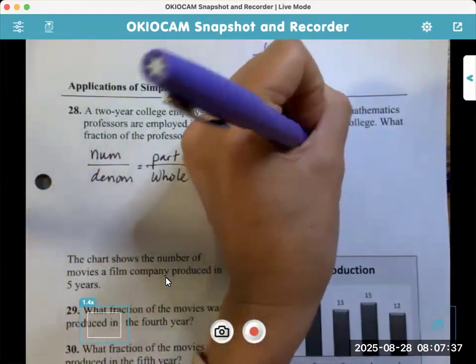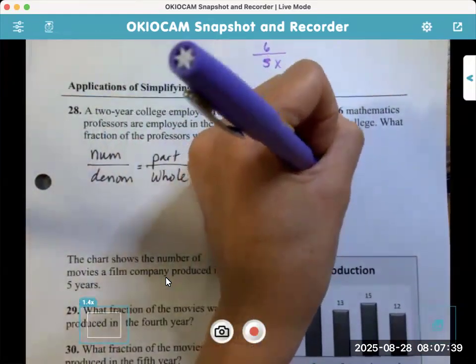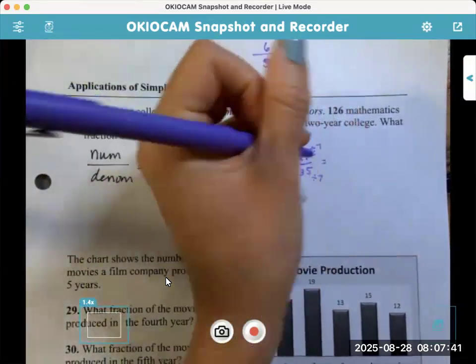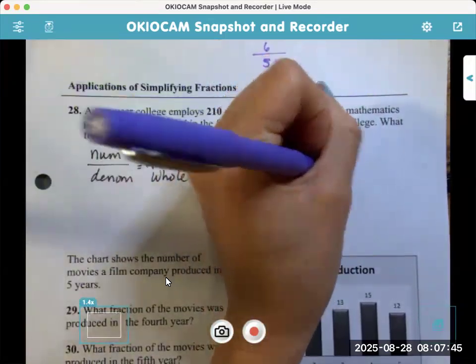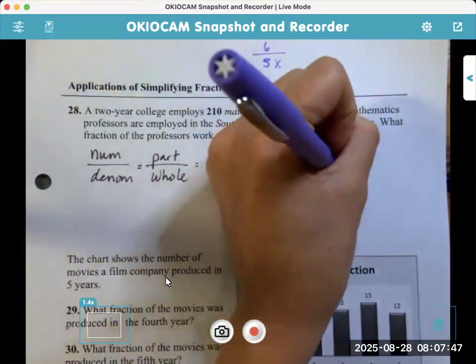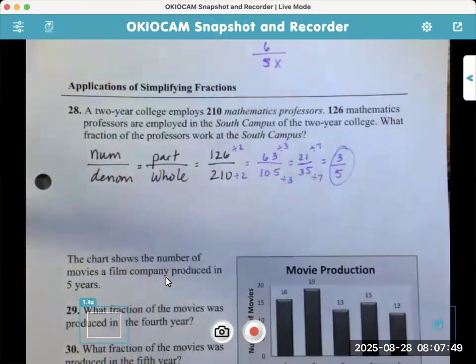Now both of these are divisible by 7. So 21 divided by 7 is 3. 35 divided by 7 is 5. So 3/5 of the mathematics professors work at the South Campus.